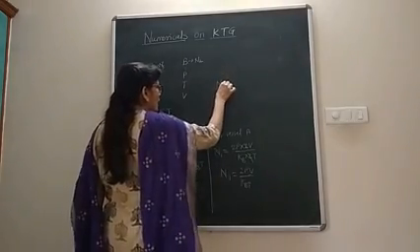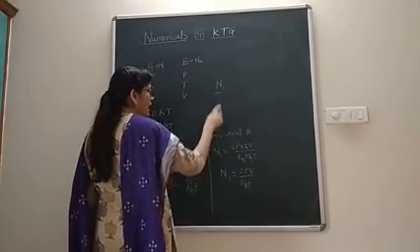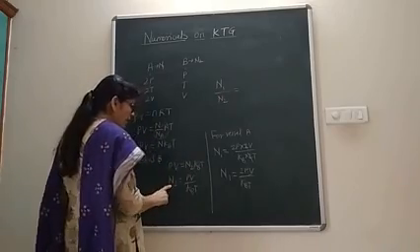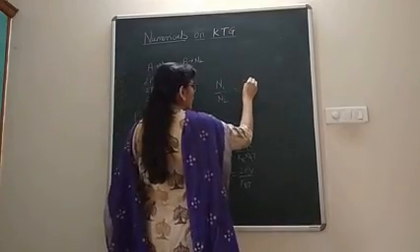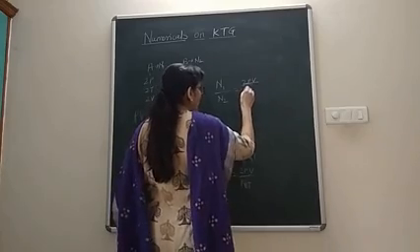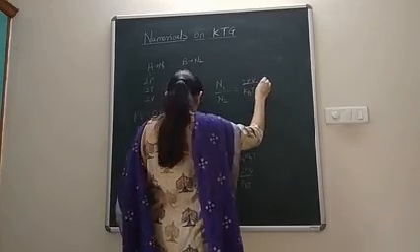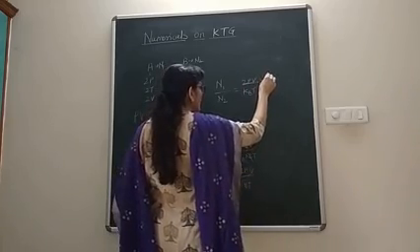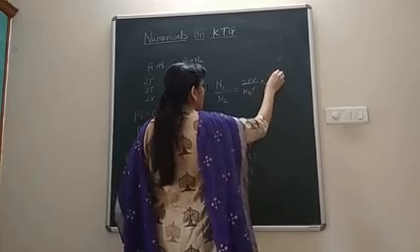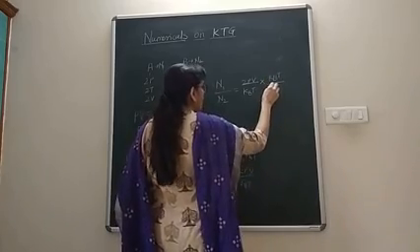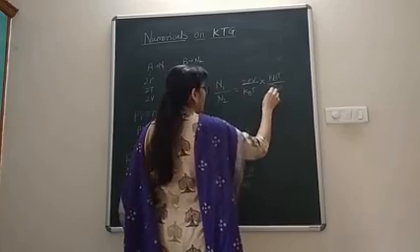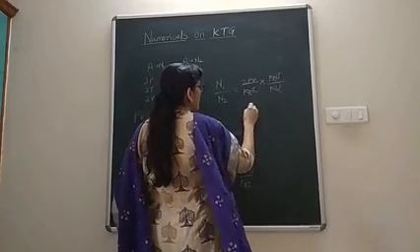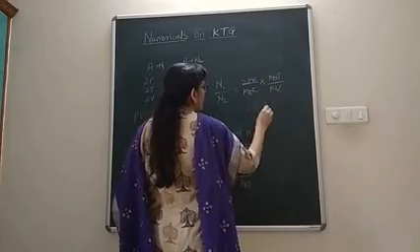We have to find number of molecules of vessel A upon number of molecules of vessel B. So N1 by N2 is 2PV upon KBT, divided by PV upon KBT. PV cancels, KBT cancels, and you get 2:1.